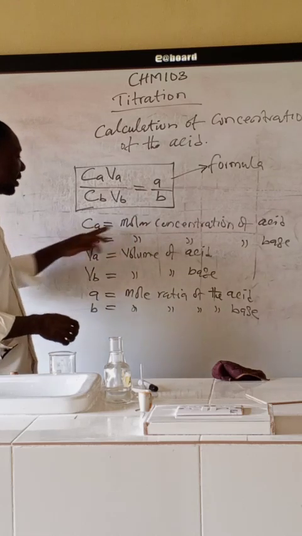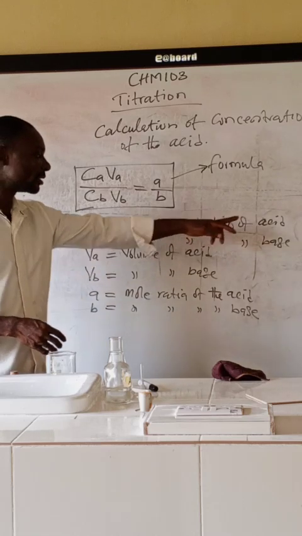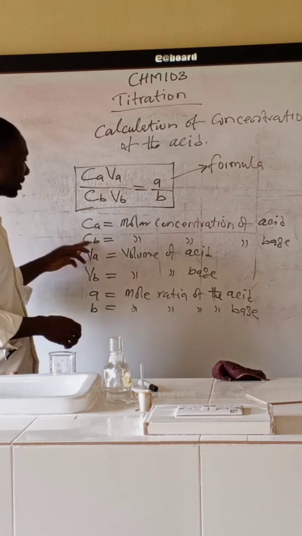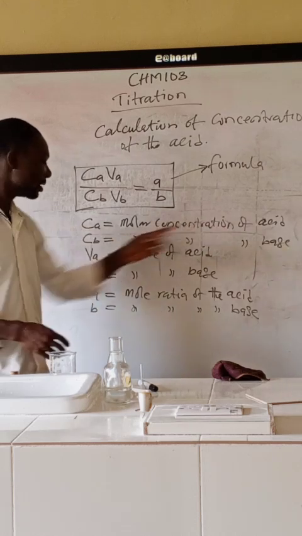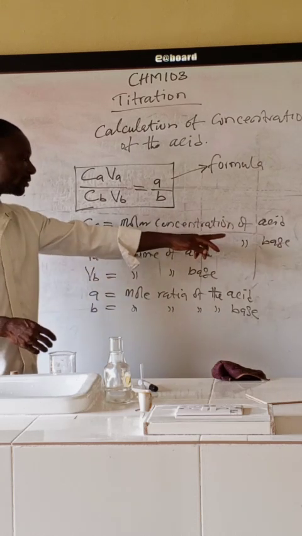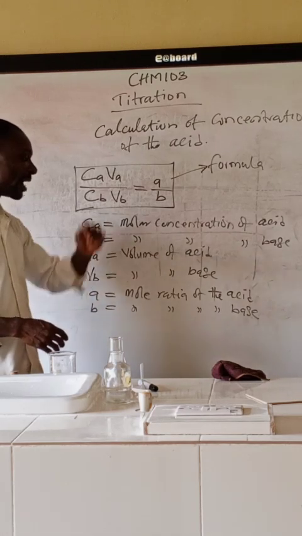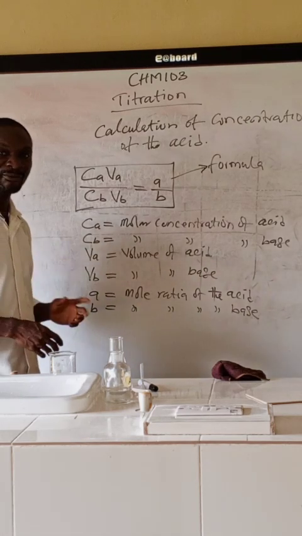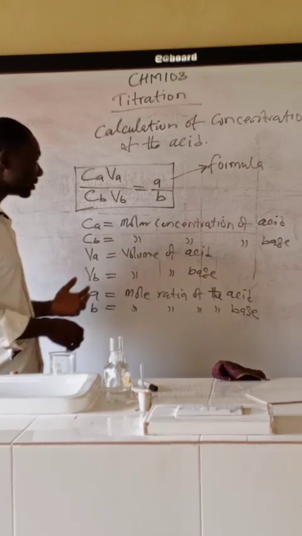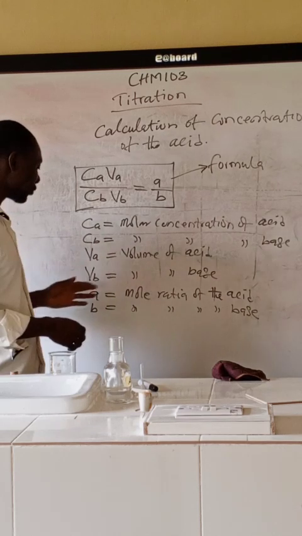Now, CA is the molar concentration of acid, CB is the molar concentration of base, then VA is the volume of acid, which is your titer volume, the value gotten by the average work.